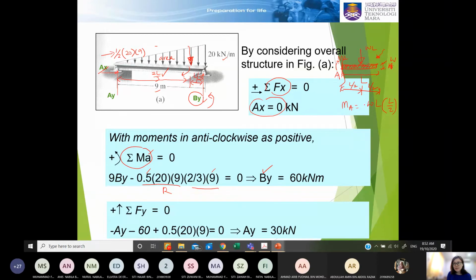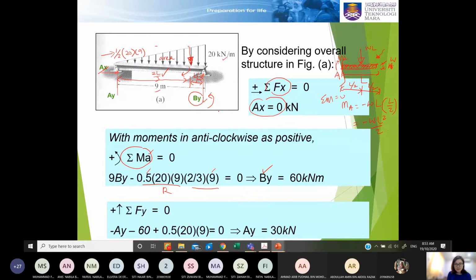Of course this is in negative, because when you use the summation moment later, it will be in the negative form. So it will be WL squared over 2. This is for the case of rectangular.